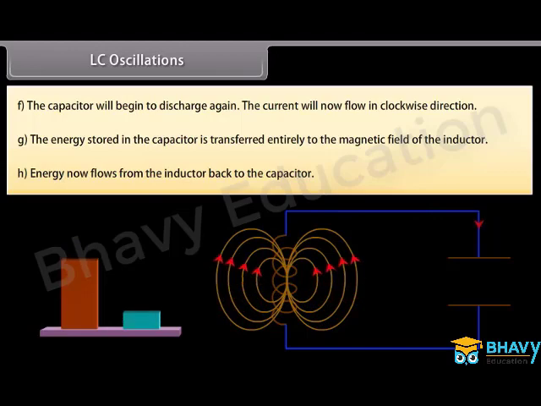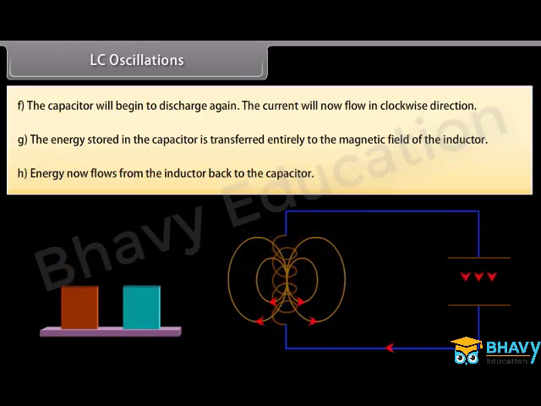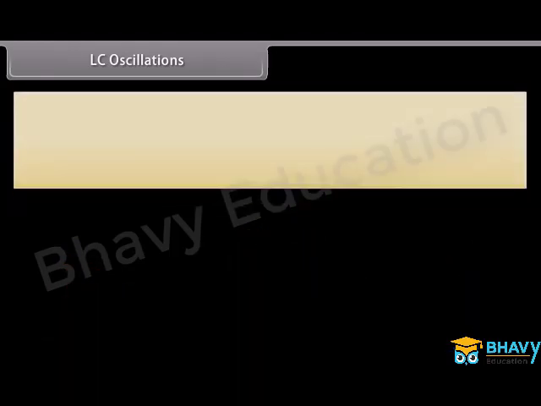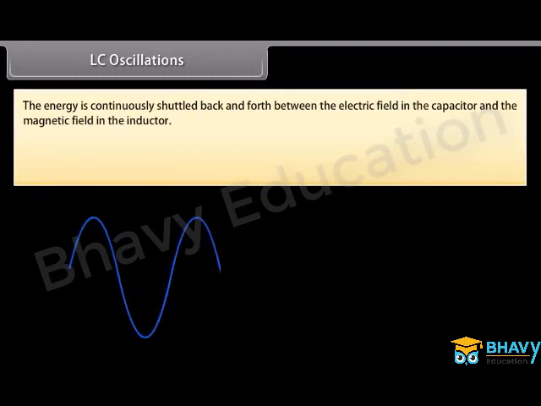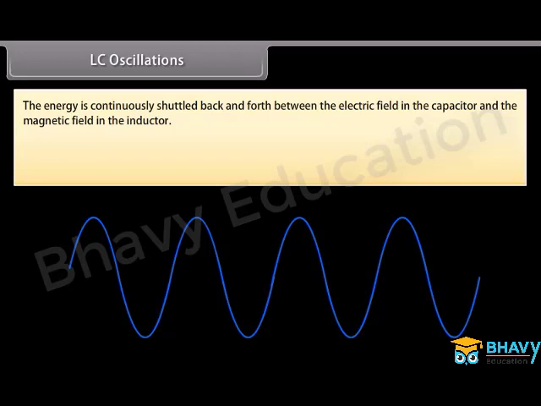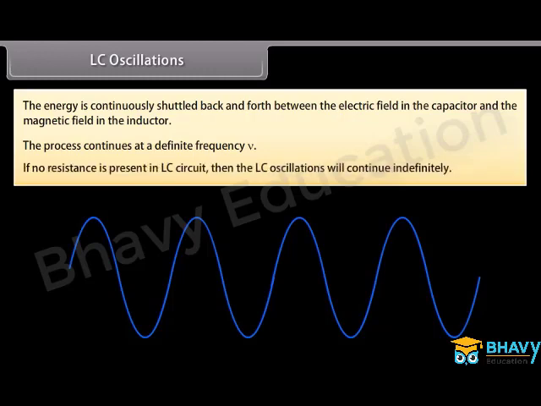Energy now flows from the inductor back to the capacitor. The energy is continuously shuttled back and forth between the electric field in the capacitor and the magnetic field in the inductor. The process continues at a definite frequency V. If no resistance is present in the LC circuit, then the LC oscillations will continue indefinitely.